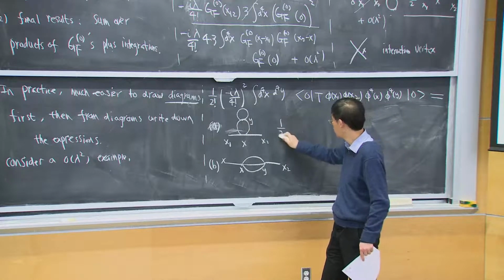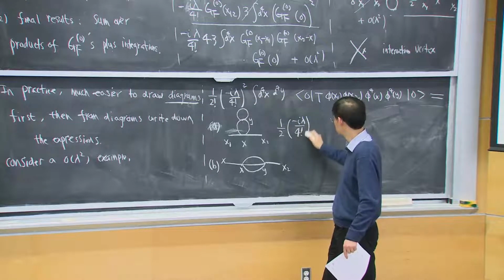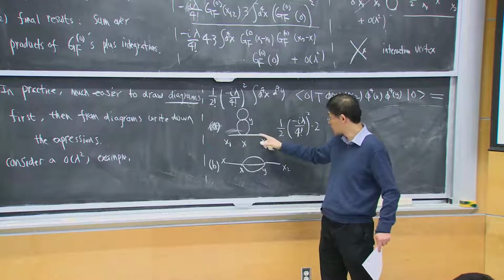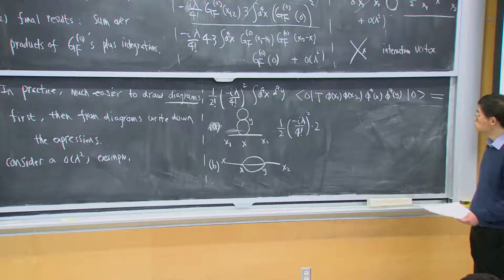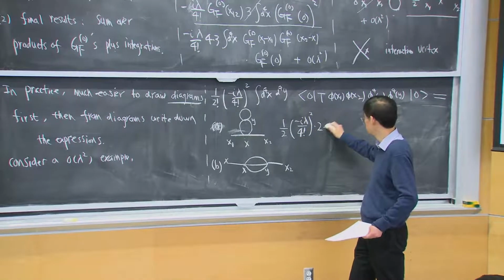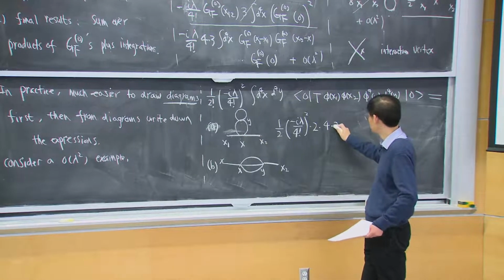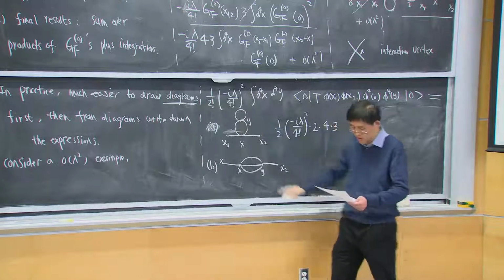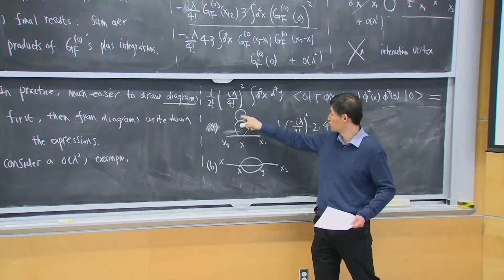So I have 1/2. Let me also copy this, lambda over 4 factorial squared, and then I have a factor of 2, because x1 can either connect to x or connect to y. x1 has 4 possibilities to connect to x, and x2 has 3 possibilities to connect to x, and then the remaining phi x has 4 possibilities to connect to y, and the other remaining phi x has 3 possibilities to connect to y.